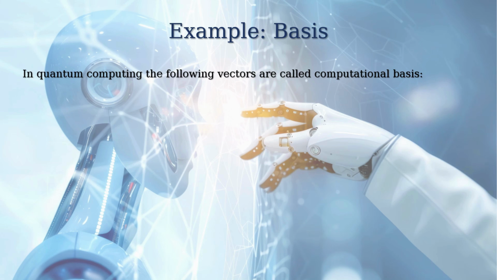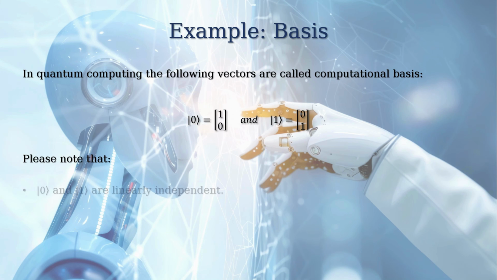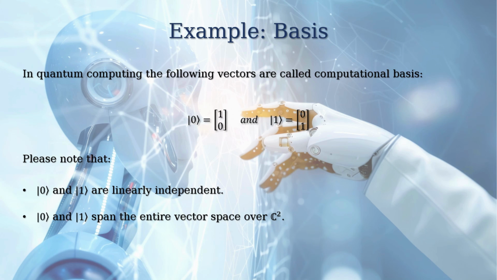For example, in quantum computing, the following vectors are called computational bases. Please note that K0 and K1 are linearly independent and K0 and K1 span the entire vector space over the field of complex numbers.